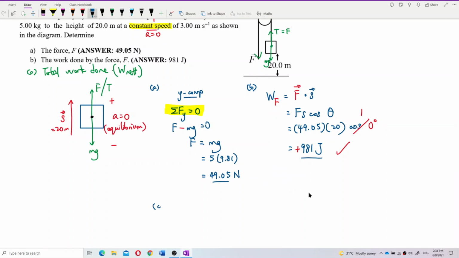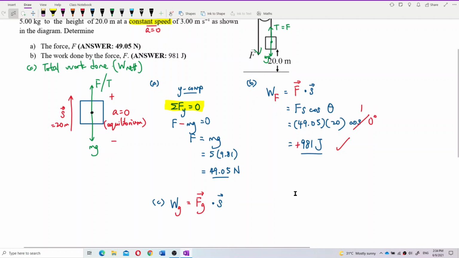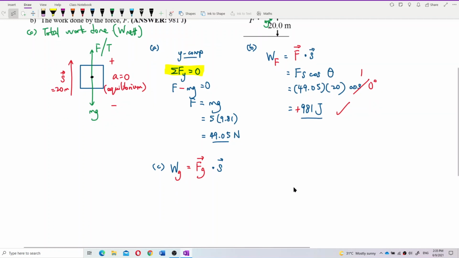So what you should do for question C is find the work done by gravity first. We use the gravitational force dot with displacement. Work done by this Fg is actually mg times s cosine.